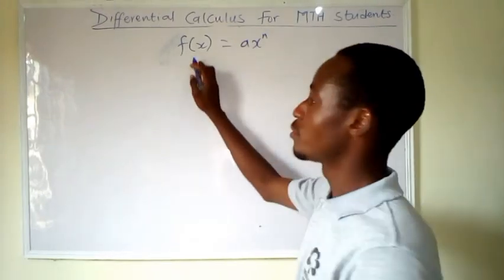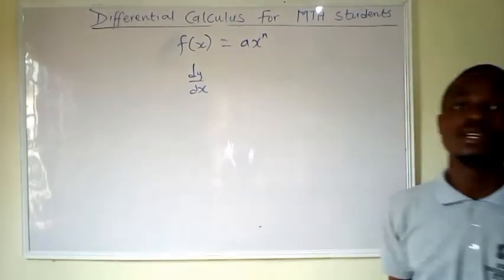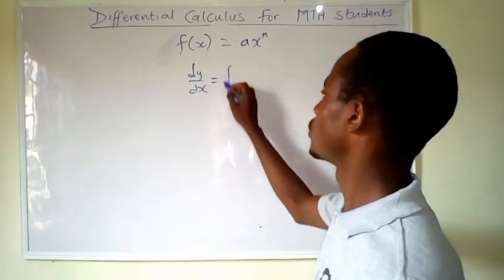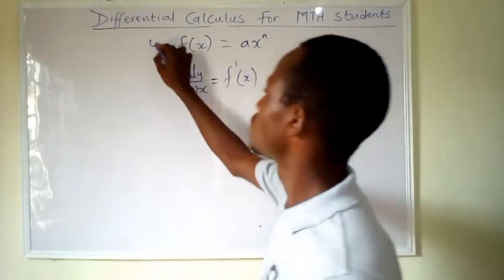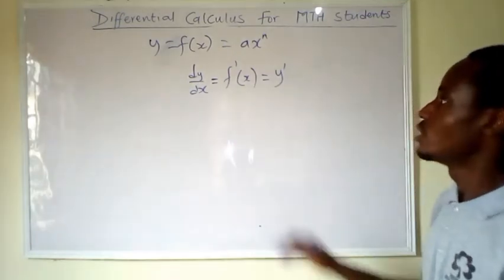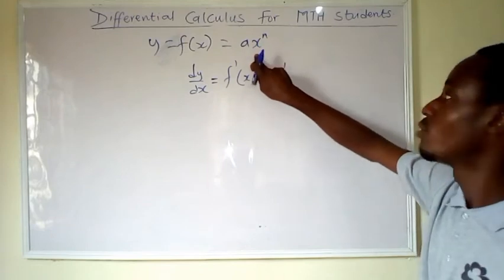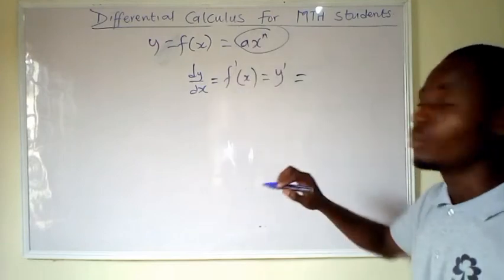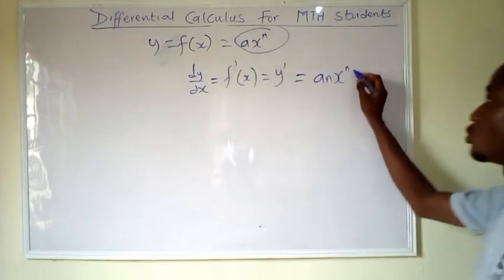So the derivative, which is dy/dx, which you can rather call the differential coefficient, or the derivative, is denoted by this, or which is also denoted by this. And at the same time, if this is equal to y, we can also call this y prime. So the derivative of a general form of polynomials, of this expression rather, we're going to have to be a n multiplied by x raised to the power n minus 1.